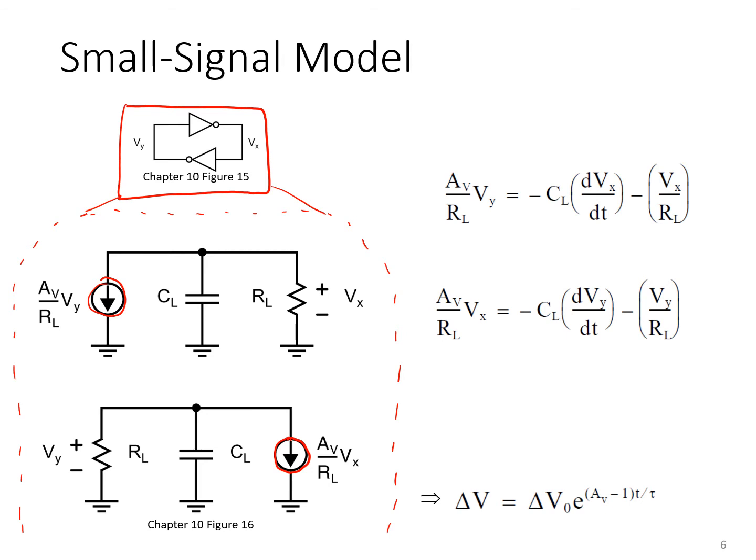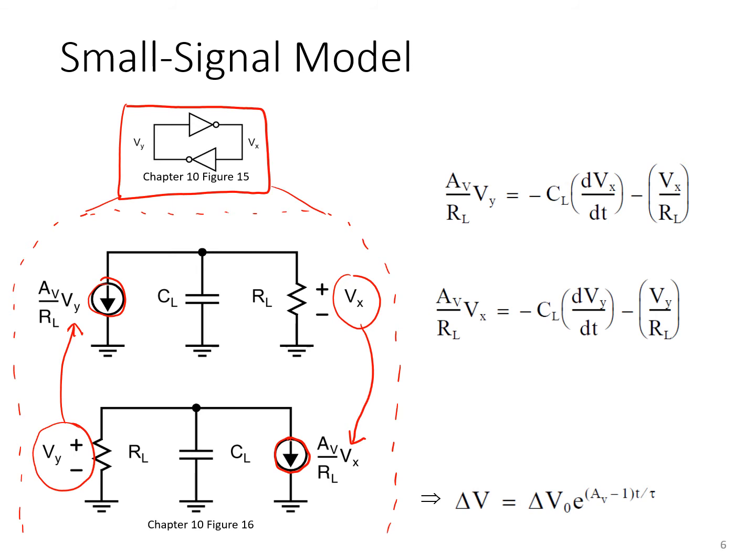You've got the positive feedback formed because the output of one inverter drives the transconductance of the other inverter, and vice versa. As shown here on the right, you can write a nodal equation for the voltage at Vx and Vy, where we represent the current through the capacitor as CL, representing the load cap on each of Vx and Vy, times the time rate of change of the voltage across that capacitance.